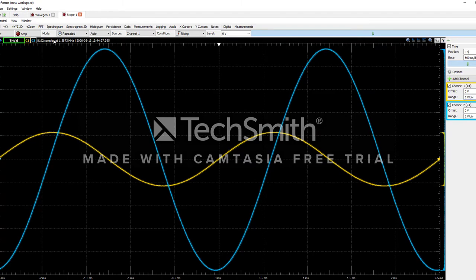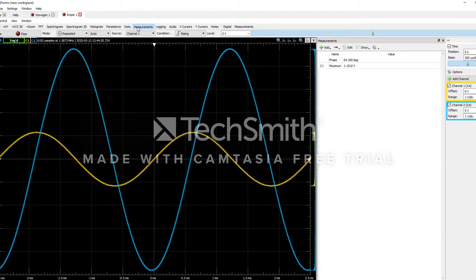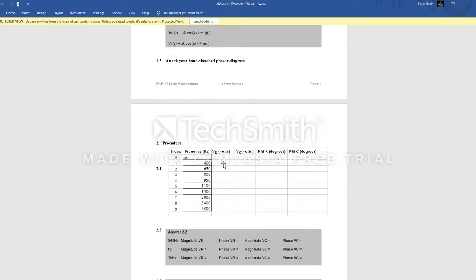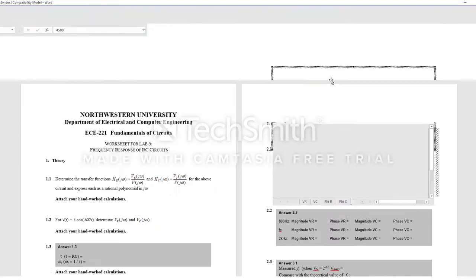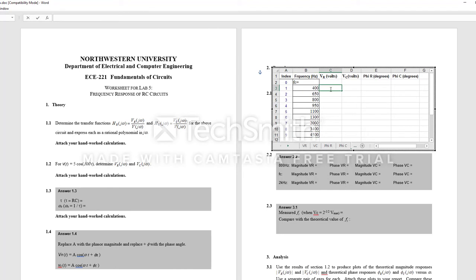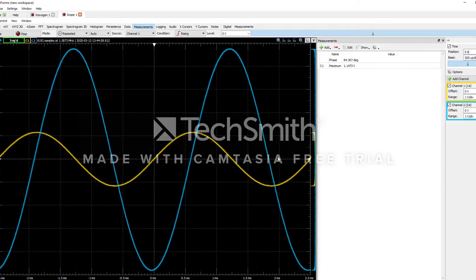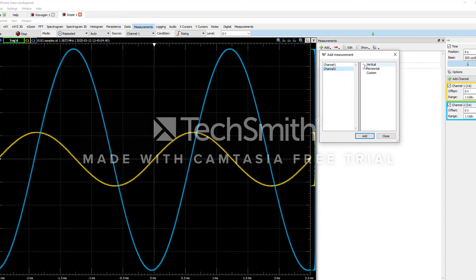Alright, so for this, we will use measurements. And here we have the maximum of channel 1, which is around 115 volts. Let's put that in. Let's find VC, add define measurement, I believe, yeah, channel 2, maximum.